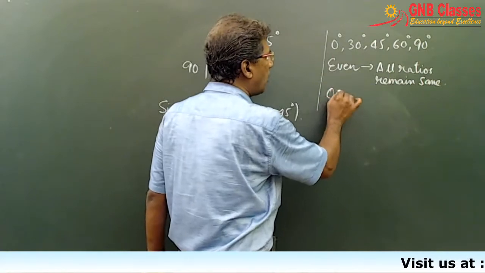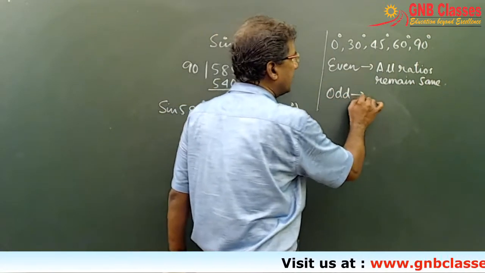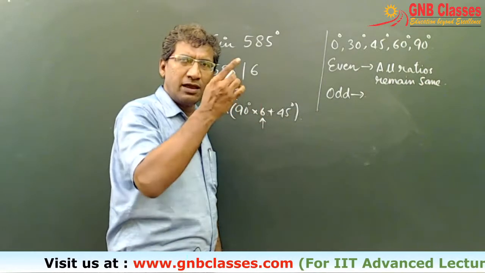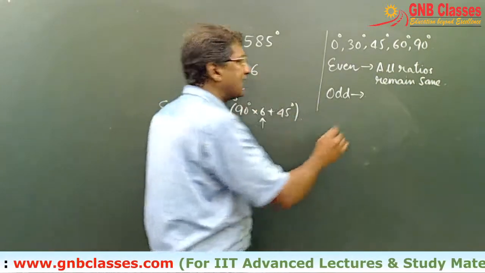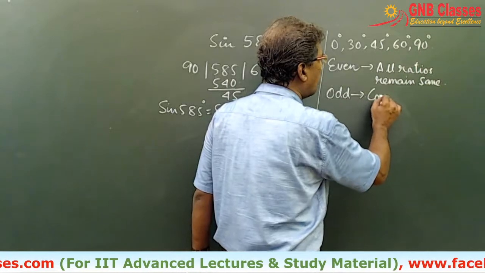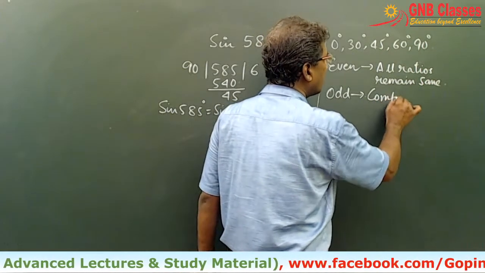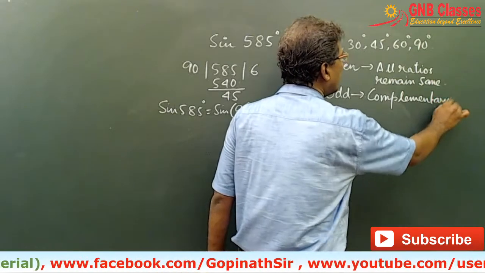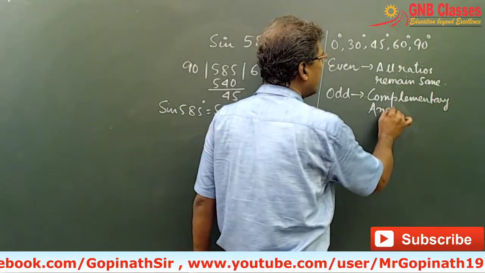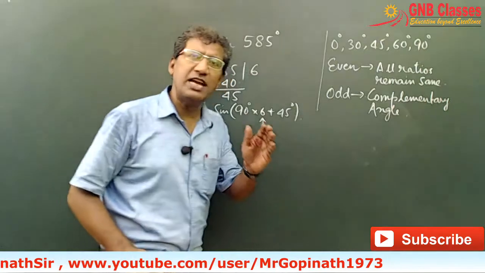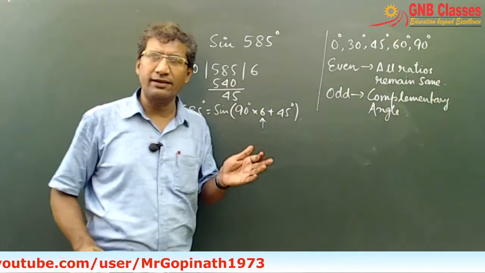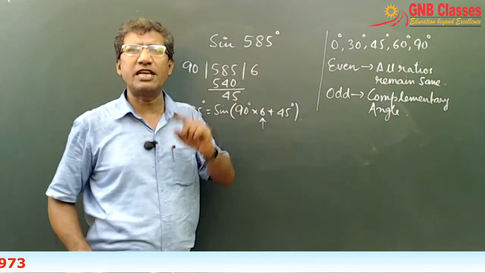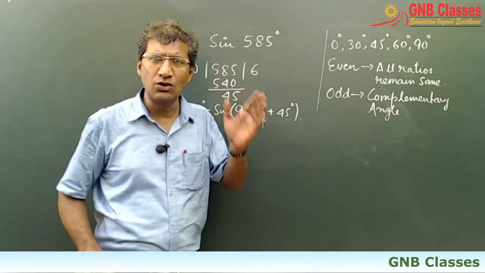If the multiple of 90 degrees is odd, then change the ratio to its corresponding complementary ratio. That is, sine will be changed to cos, cos will be changed to sine, tan will be changed to cot, cot will be changed to tan, sec will be changed to cosec, and cosec will be changed to sec.